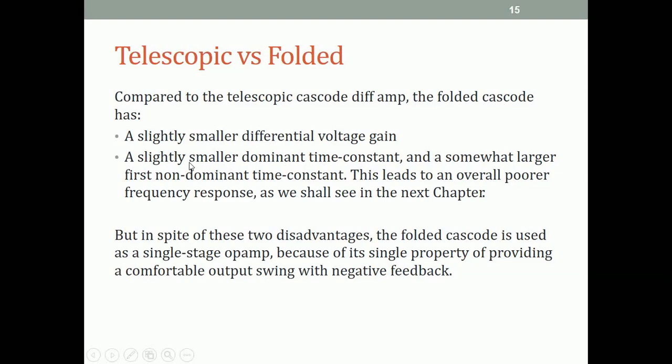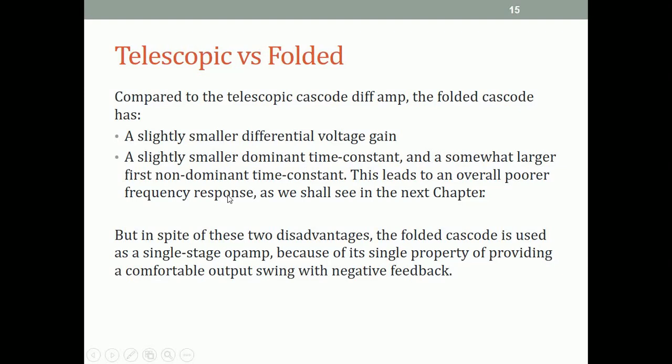Why? Because the output resistance of the folded cascode is slightly smaller, so the time constant is also smaller. The first non-dominant time constant of the folded cascode is slightly larger compared to the telescopic because we have a larger size transistor at the top. All this put together leads to an overall poorer frequency response.